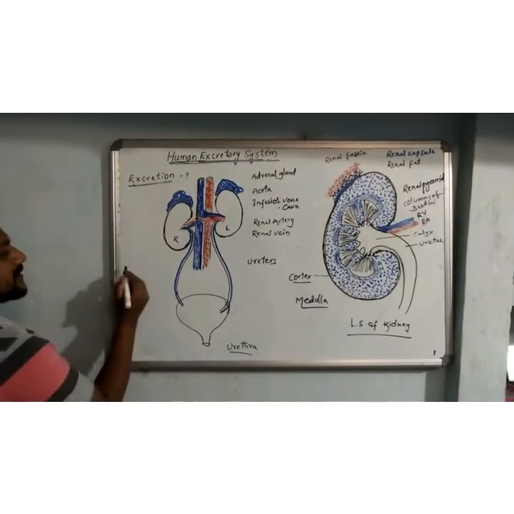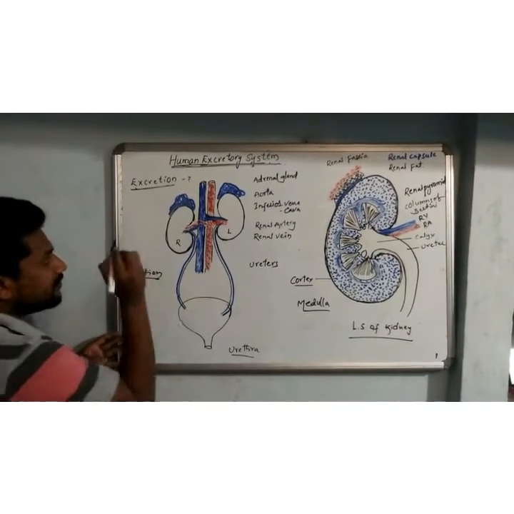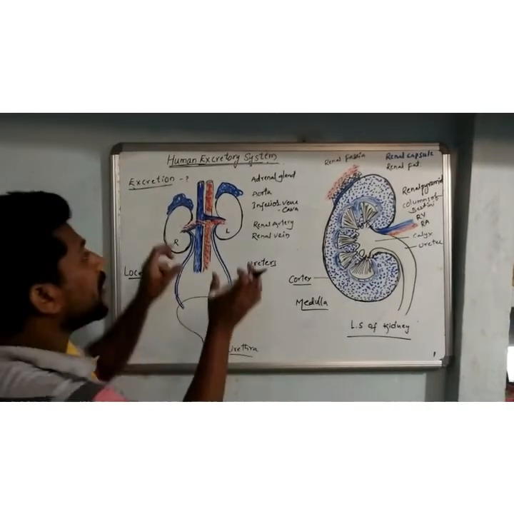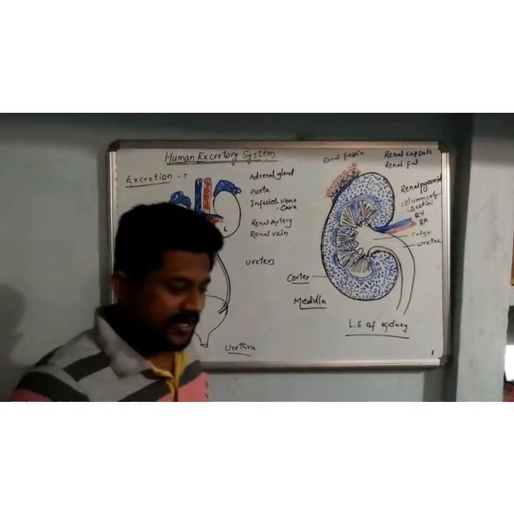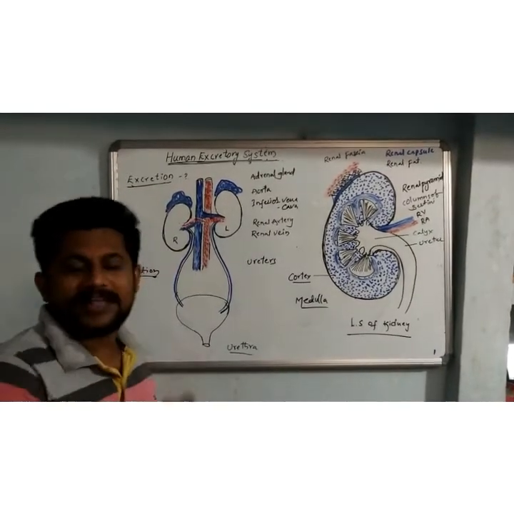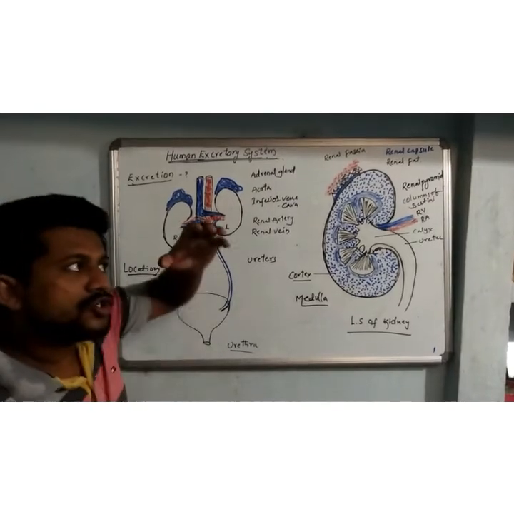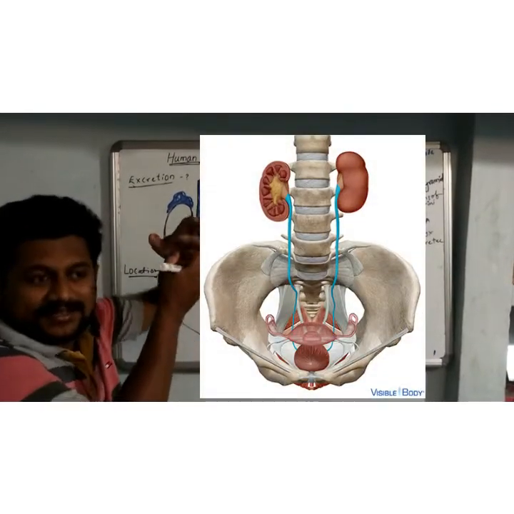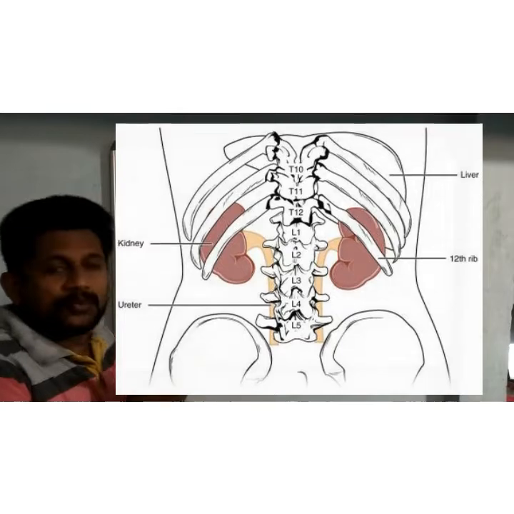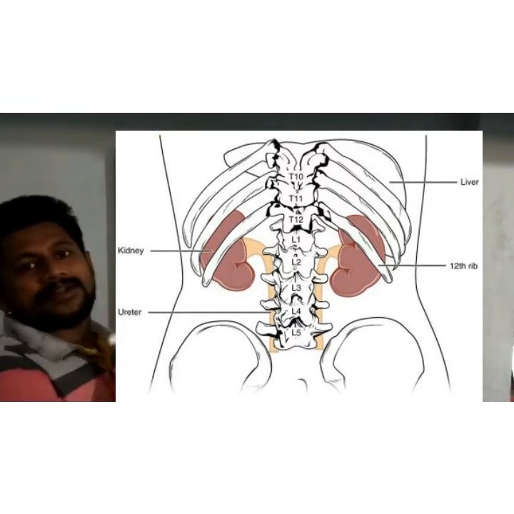Before this, let's observe the location of our kidneys. In human beings, the kidneys are located between the 12th thoracic rib and the 3rd lumbar vertebra region.